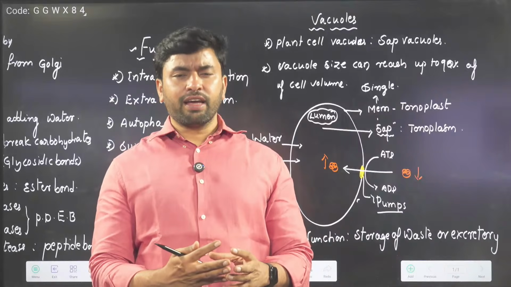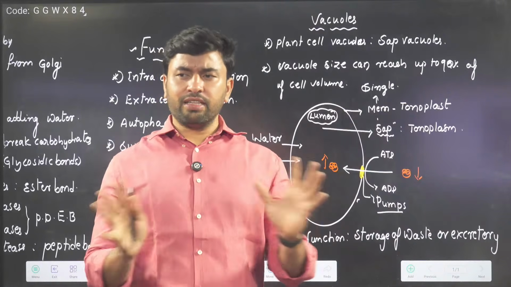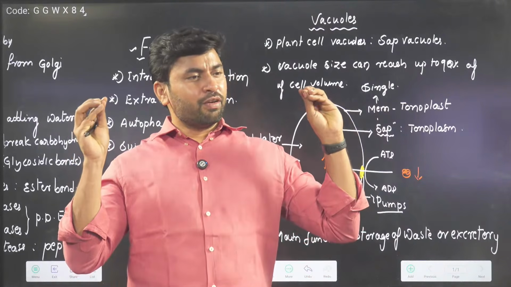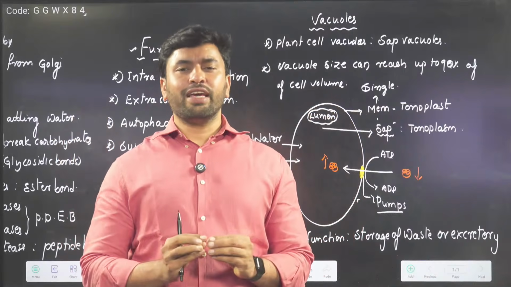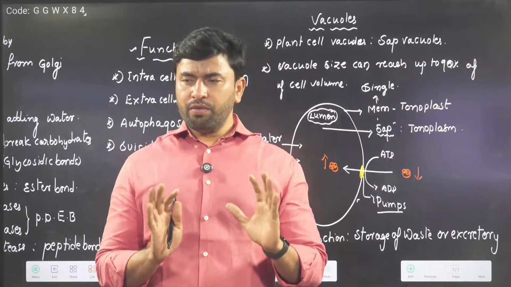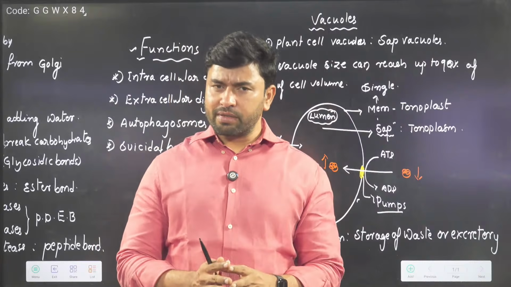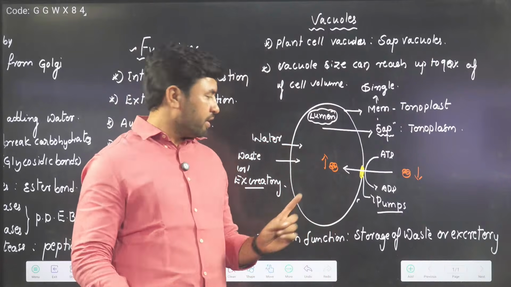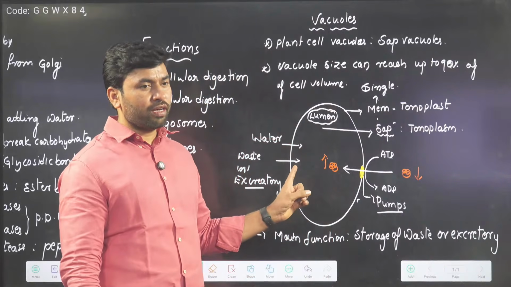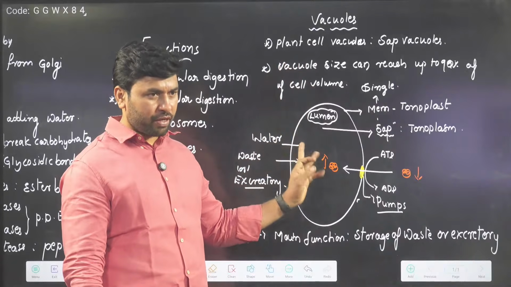That dustbin has some additional work, but other than that, the final usage of the vacuole is like a dustbin. Any waste, any material that is not essential for the cytoplasm would be dumped inside the vacuolar lumen. This is about the sap vacuole.